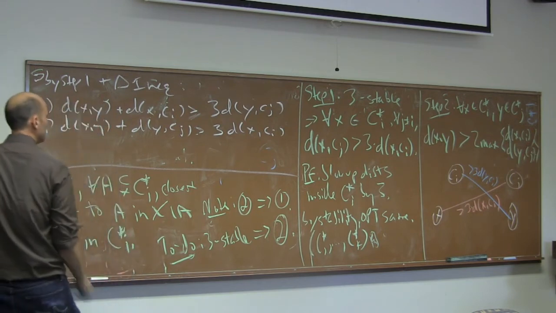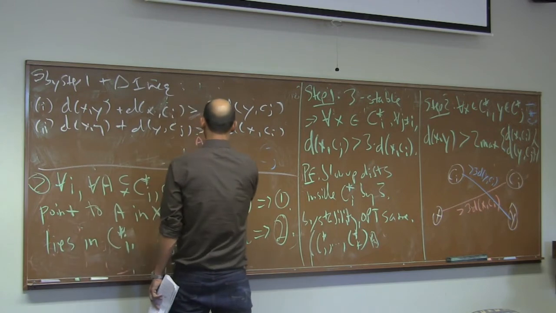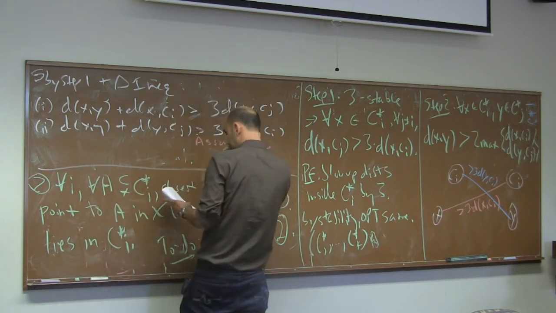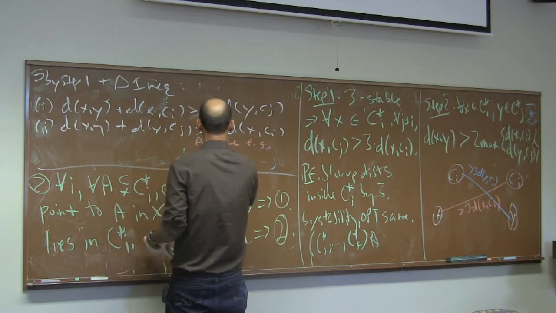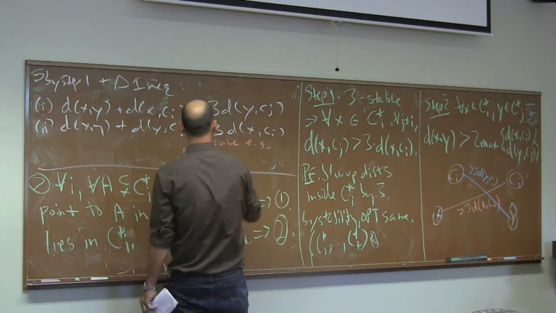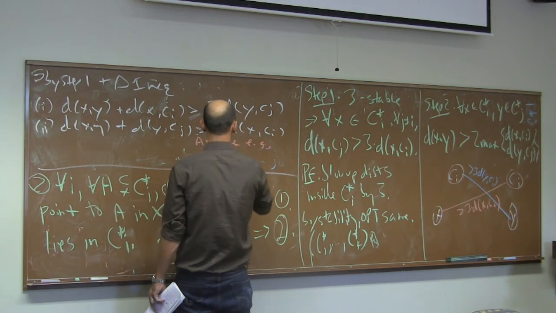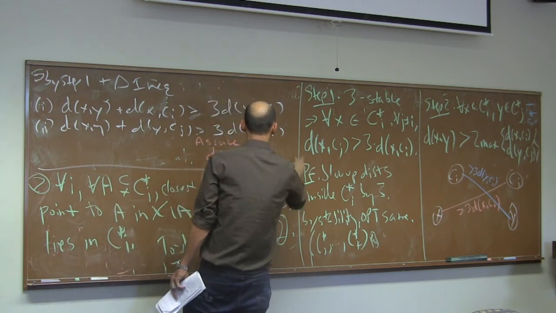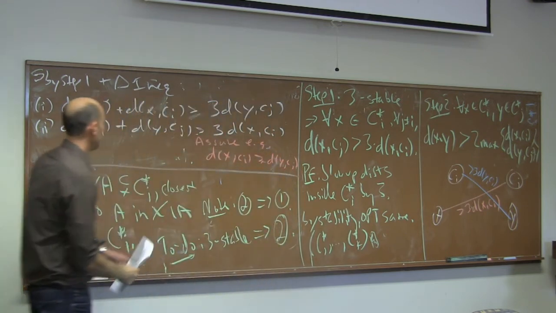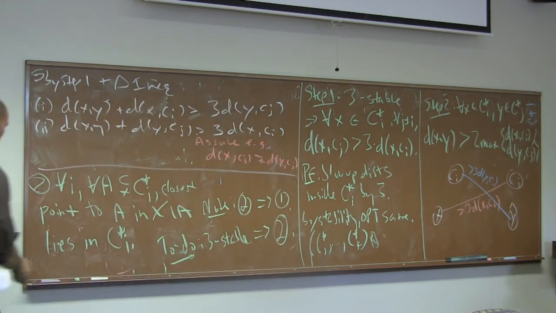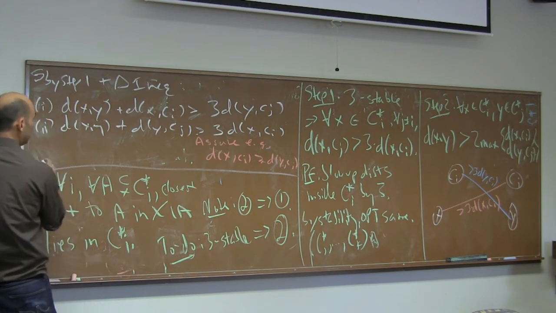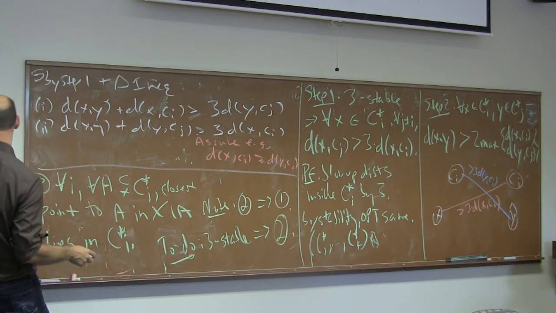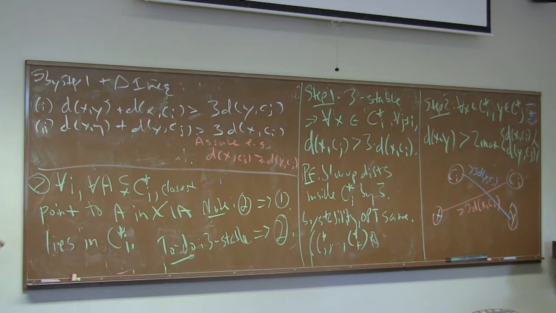There are two cases, and they're symmetric, so I'm just going to do one of them. Assume, for example, that the distance between x and Ci is bigger than the distance between y and Cj. Suppose the distance between x and its center is bigger than between y and its center.